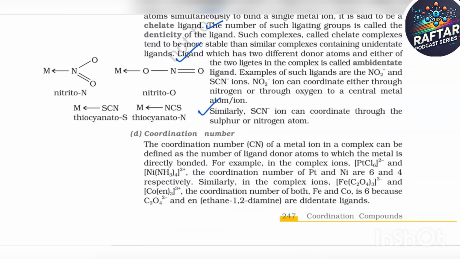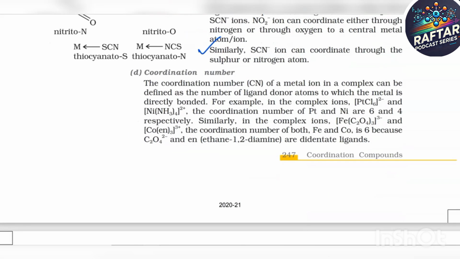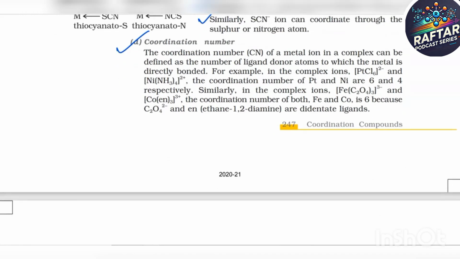For example, in the complex ions [PtCl6]2- and [Ni(NH3)4]2+, the coordination numbers of Pt and Ni are 6 and 4 respectively. Similarly, in the complex ions [Fe(C2O4)3]3- and [Co(en)3]3+, the coordination number of both Fe and Co is 6 because C2O42- and ethane-1,2-diamine are didentate ligands.